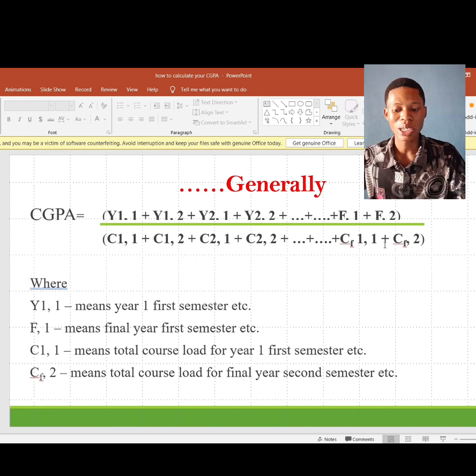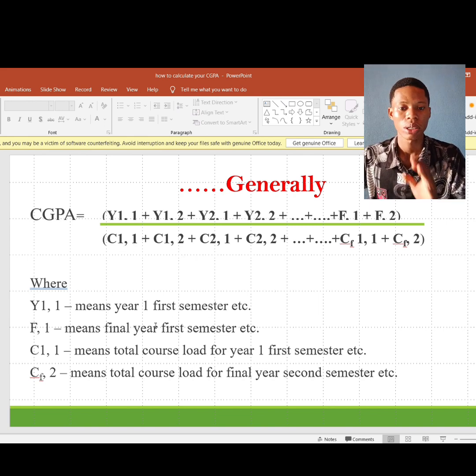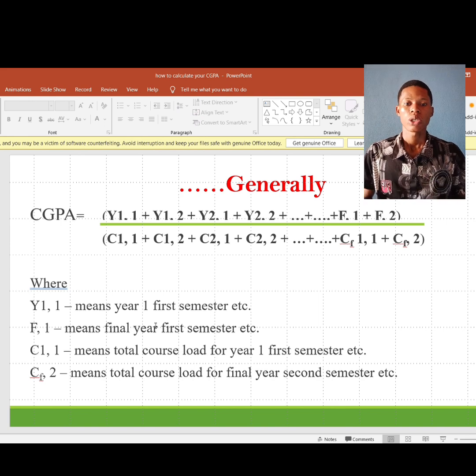You divide and you get your CGPA. So do you understand? Basically what I've said so far is just know the quality points, know the credit unit, and you can calculate your CGPA.